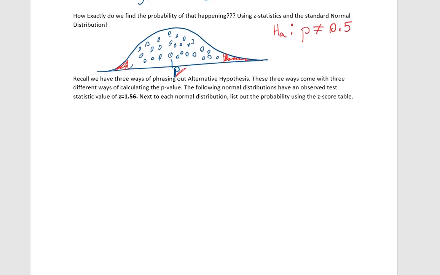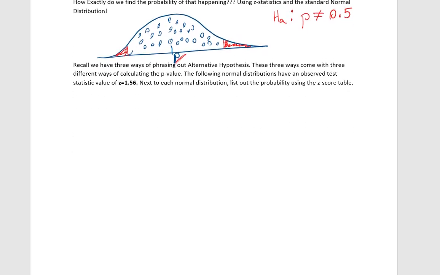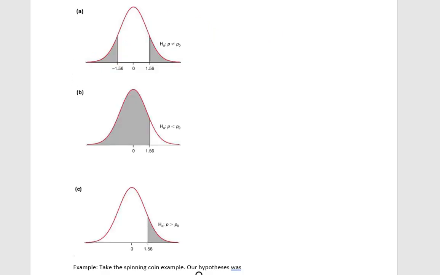So those are both equal. There's going to be 3 different ways of finding the p-value depending on the alternative hypothesis. If we look at a normal distribution and we have an observed test statistic of z equals 1.56, here's how we're going to find those different p-values using that test statistic.